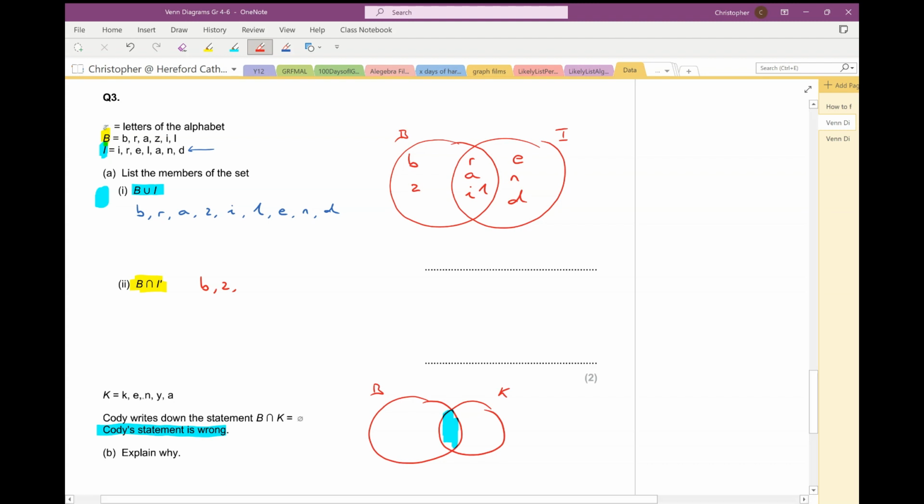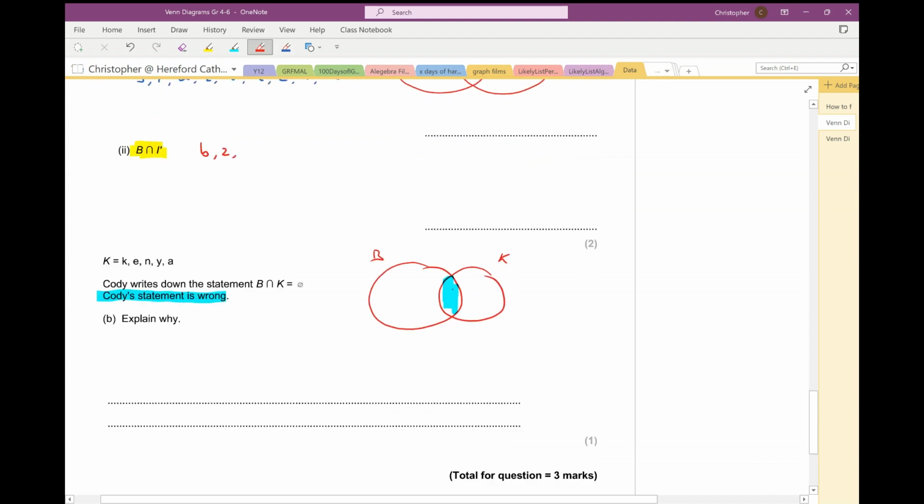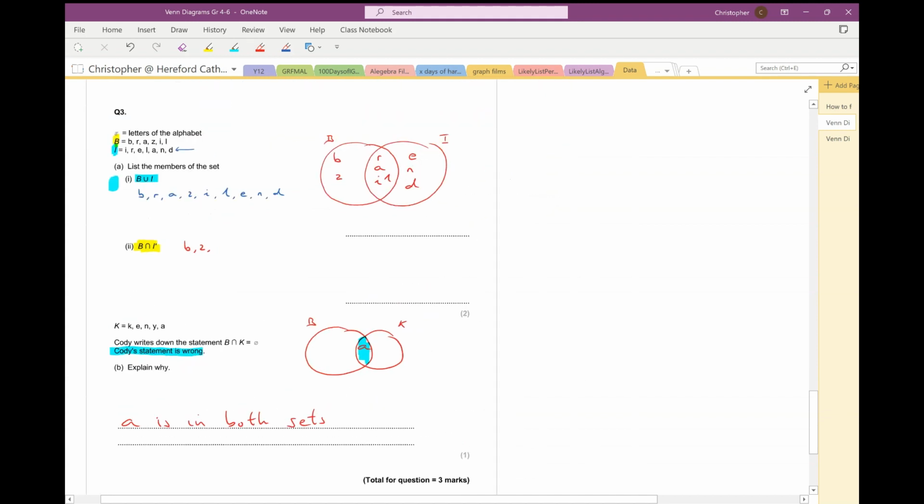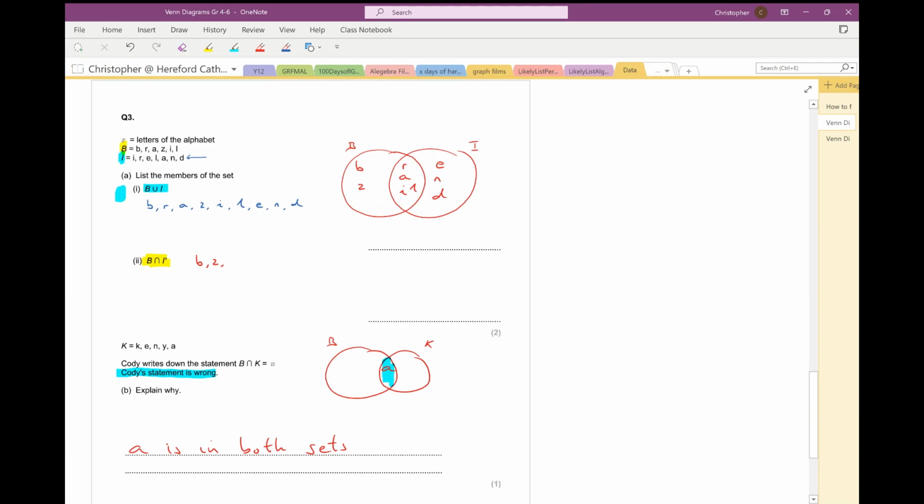Well, not K, not E, not N, not Y, but A. So A would be in both, wouldn't it? So he's wrong because A is in both sets or in both words. And that is the end of question 3.